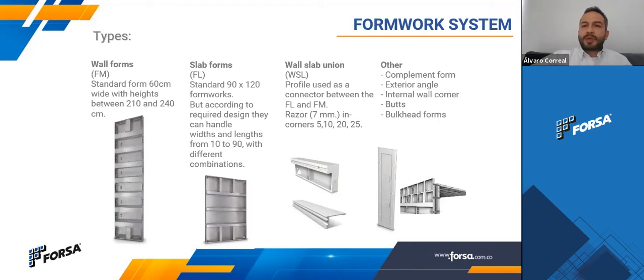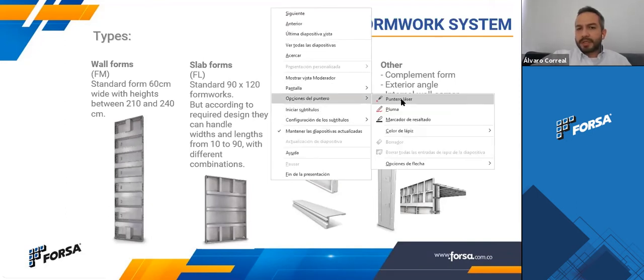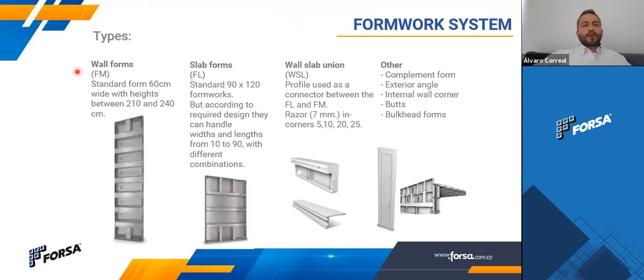Basically, the types that we have with any of these formworks are the full wall forms. We have standard forms with a width of 60 cm, and we can have 210, 240, and even for special markets with higher free heights, we have 270 cm height standard forms.